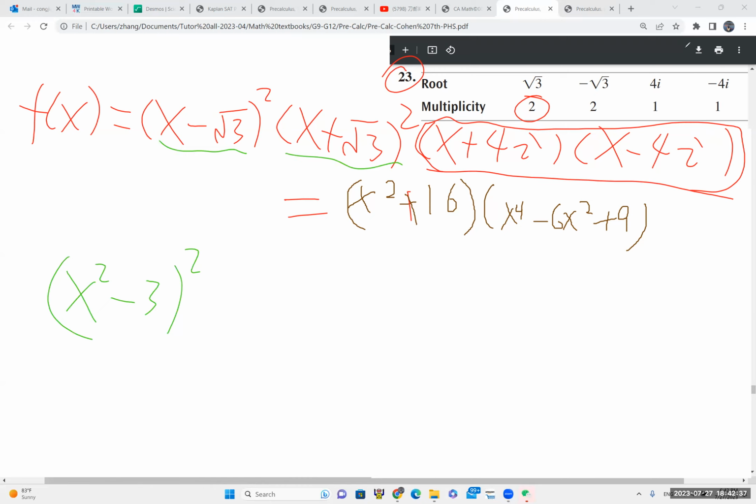Let's say it's x to the fourth power minus 6x squared. Yeah, so this is correct. The only thing wrong is it should be x squared plus, instead of minus, right? Then you keep doing the multiplication to write it in standard form, right?